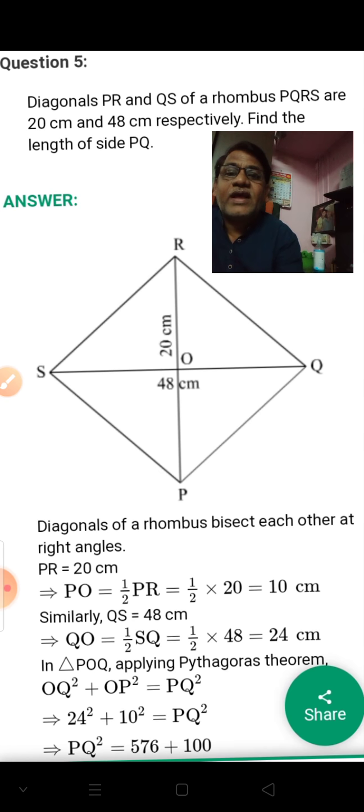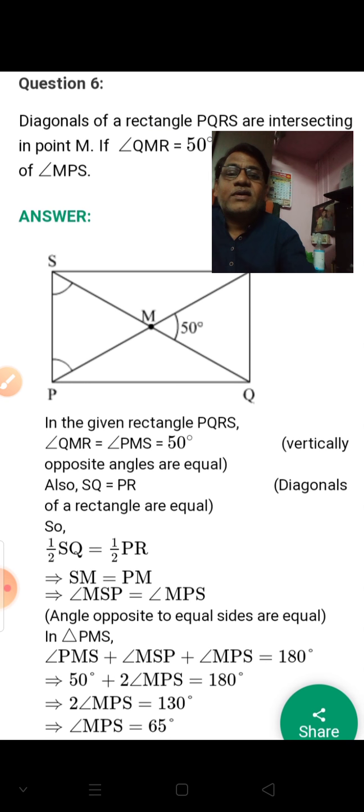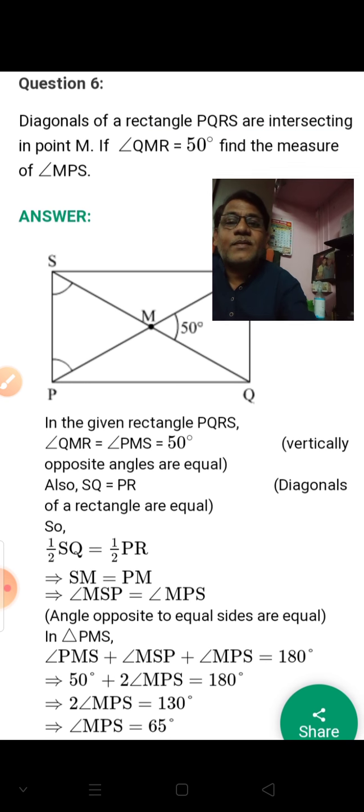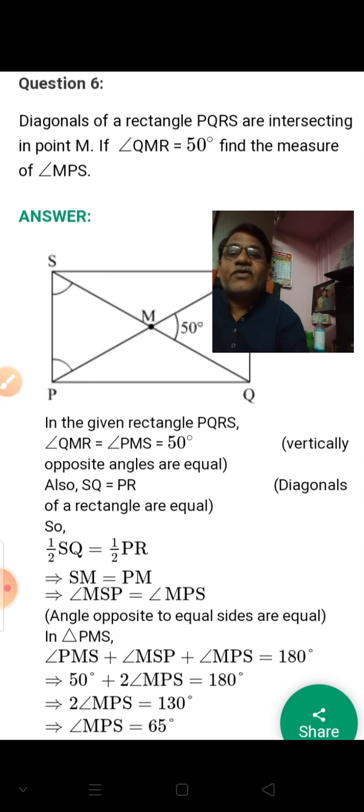Now come to the next question. This is question number 6. The diagonals of rectangle PQRS are intersecting at point M. If angle QMR is 50, find the measure of angle MPS.